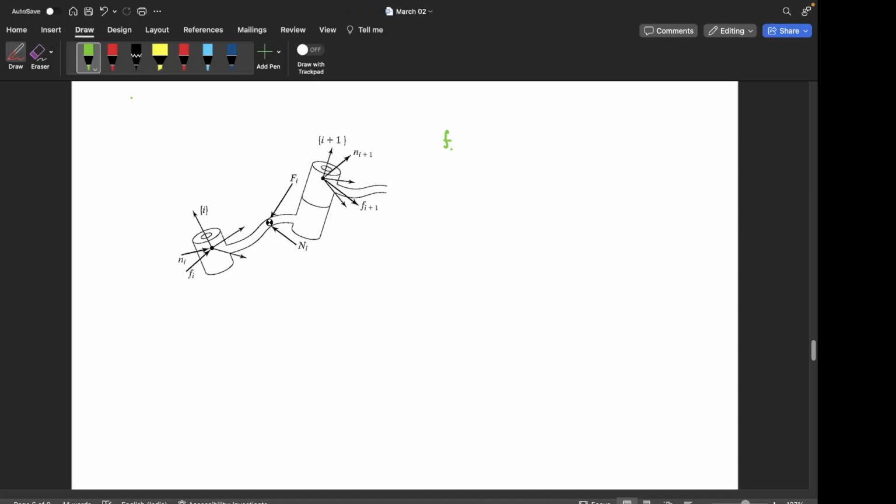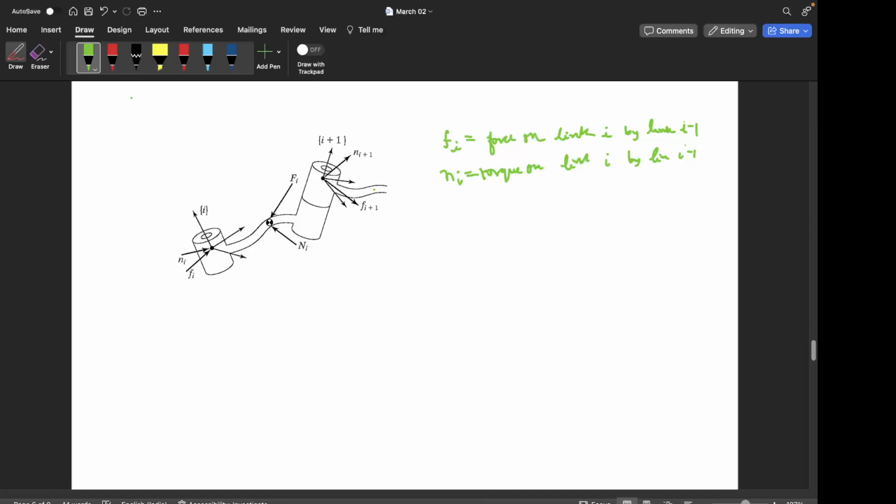So Fi is the force on link i by link i minus 1, and ni is the torque on link i by link i minus 1.